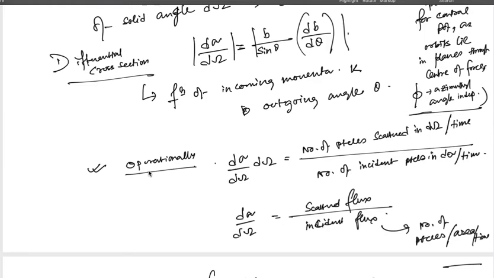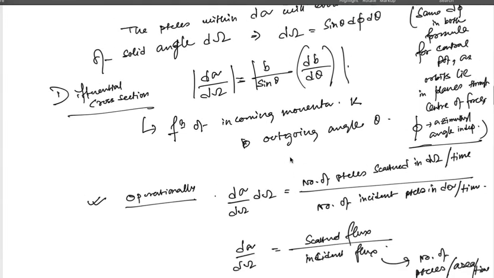As I said, the differential cross section doesn't make entire sense operationally, and it might not be very easy to work out experimentally. So how do we connect it with something we know, can calculate and physically feel? That quantity is this differential cross section times the differential solid angle.